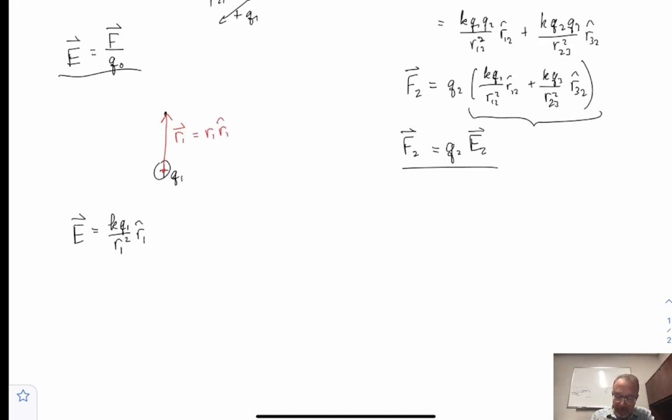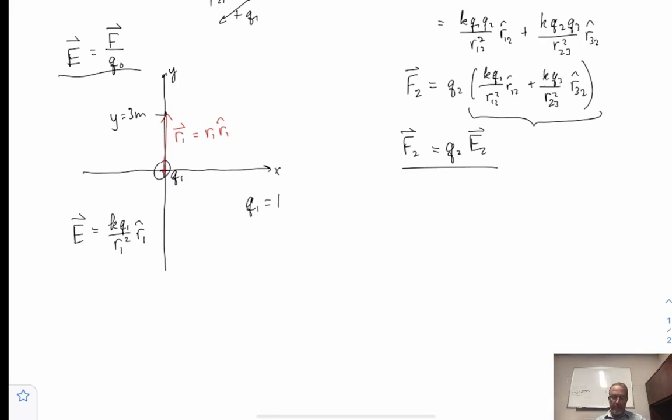Okay, so let's just say we have a charge Q1 situated at the origin. And we want to know what's the electric field at this distance here, y equals, let's say, 3 meters. The charge Q1, we'll let it have a magnitude of, I don't know, 1 coulomb.